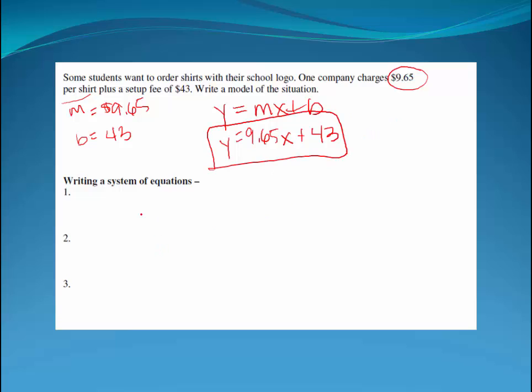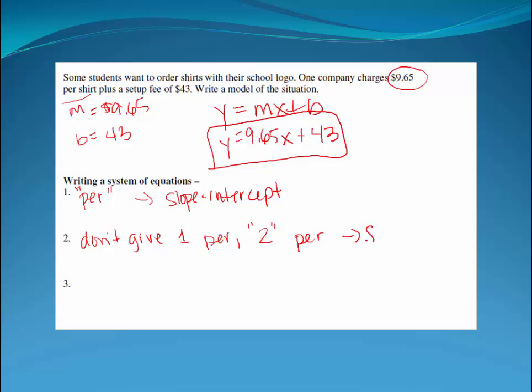Now let's talk about writing a system of equations. When you go to write a system of equations, usually you want to look for any kind of per. And that would mean slope-intercept. Now if they don't give you a per, or I should say if they don't give you 1 per, but instead they give you 2 per items, that usually means standard form.